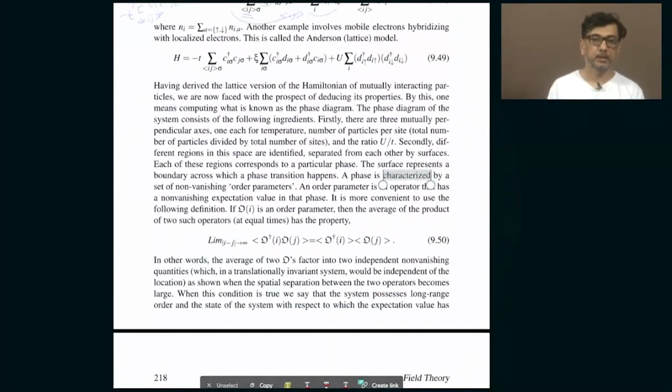The next section will be devoted to understanding how certain limiting cases of the Hubbard model describe magnetism. I will show you how the models of magnetism that you might be familiar with can be systematically derived as certain limiting cases of the Hubbard model. That will be a few classes down the road.